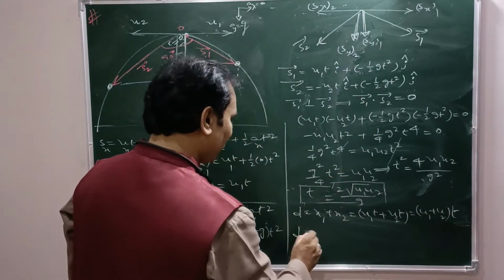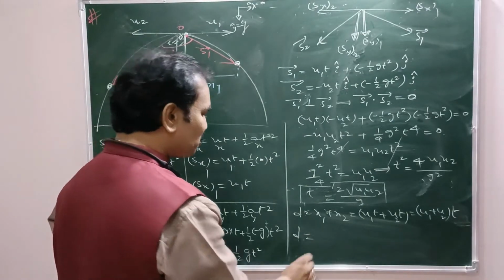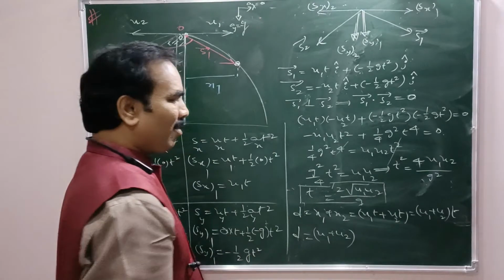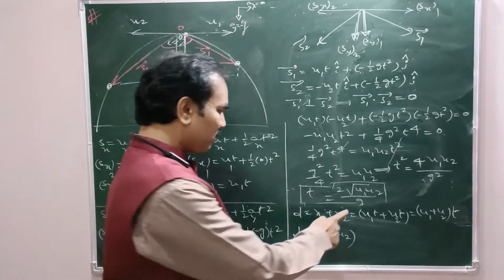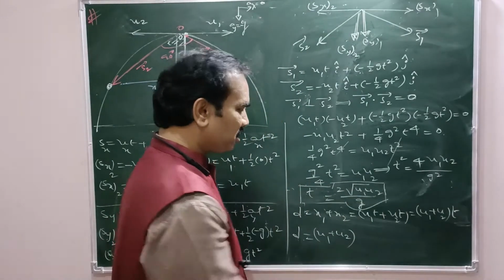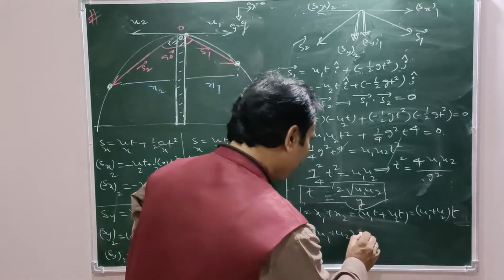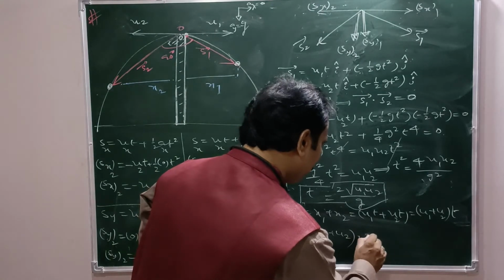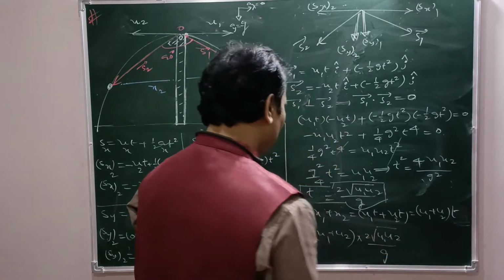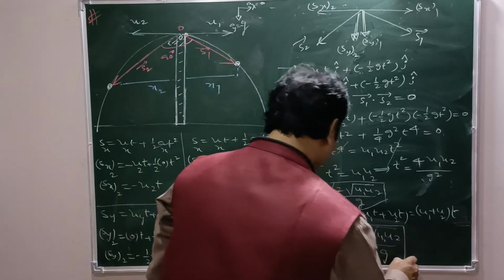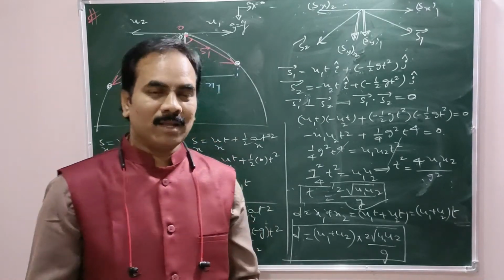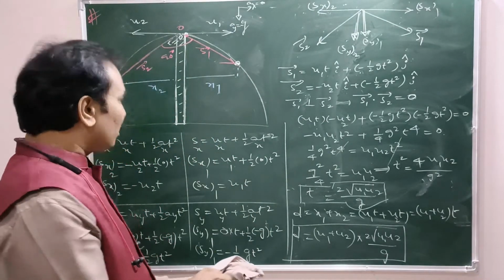So separation d equals (u1 plus u2) into time. For the time after which their displacement vectors become perpendicular, the time is 2 root u1u2 by g. So d equals (u1 plus u2) into 2 root u1u2 by g. This is the separation between the projectiles when their displacement vectors are perpendicular to each other.